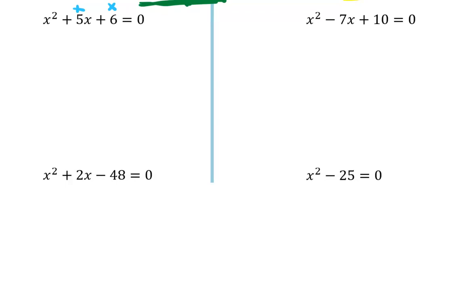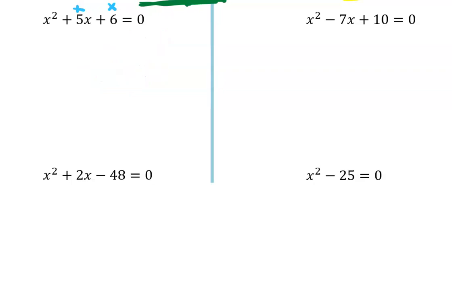So I want two numbers that times to make 6 and add to make 5. Let's write out all the numbers that multiply to make 6. You've got 1 and 6, and you've got 3 and 2. Okay, so which one of these pairs, they both multiply to make 6, but which one of these pairs adds to make 5? Well, 1 plus 6 is 7, 3 plus 2 is 5, so this is the pair of numbers that we want, 3 plus 2.